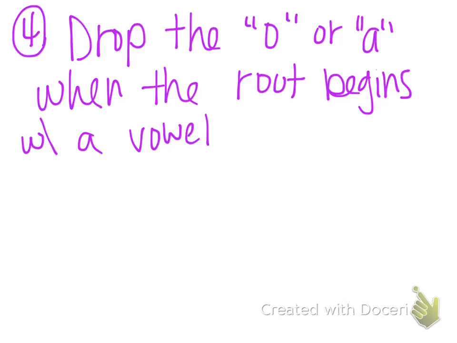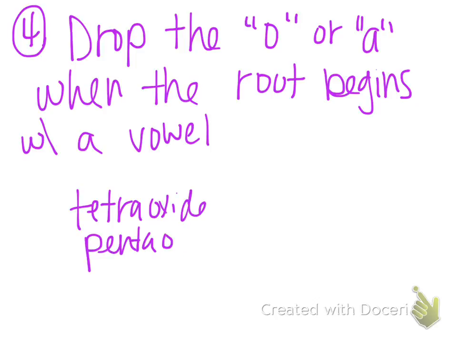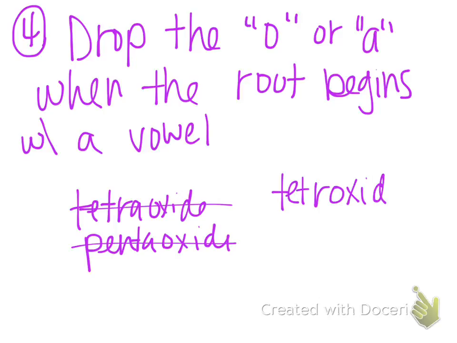This avoids us saying tetraoxide or pentaoxide. Those are no good. We would just say tetroxide or pentoxide or whatever that next word is. That's just more of a spelling type vocabulary thing. So there's our big four rules.